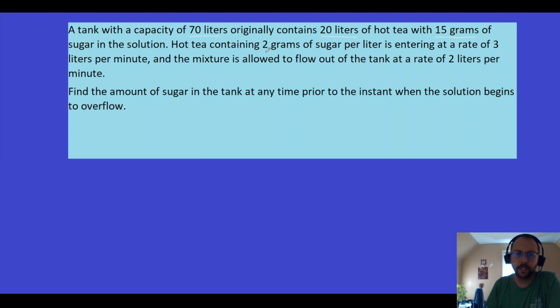The hot tea containing 2 grams of sugar per liter is entering at a rate of 3 liters per minute. The mixture is allowed to flow out of the tank at a rate of 2 liters per minute. So what we want to do is find the amount of sugar in the tank at any time prior to the instant when the solution begins to overflow.